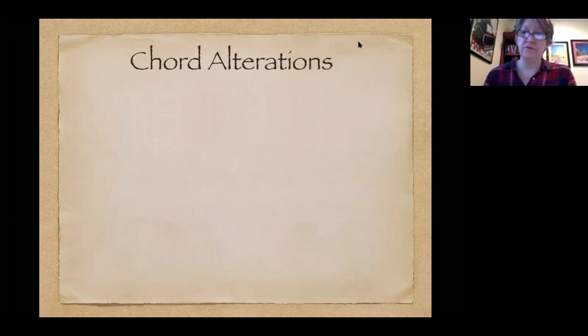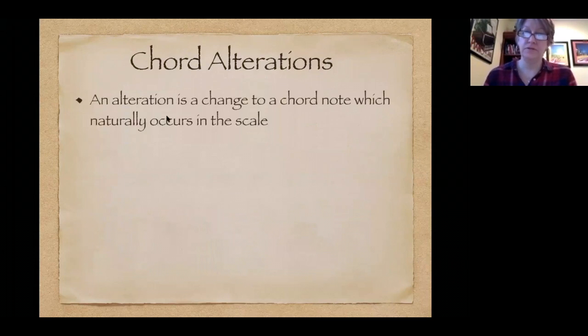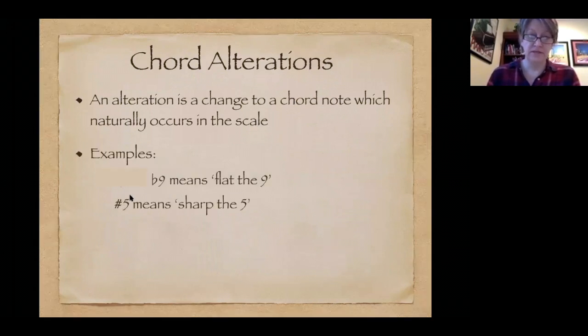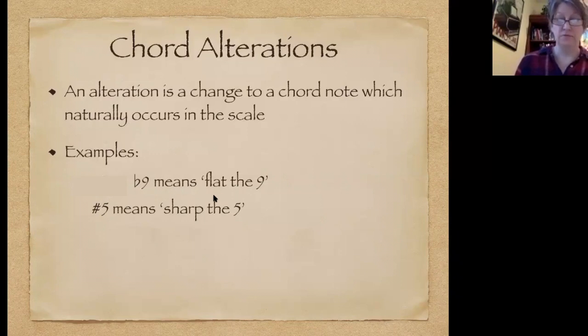I was just going to say a few things about chord alterations. And this is just when we change a note in a chord to a note that is not a naturally occurring note in the scale. I see questions about these a lot in the jazz program. Flat 9 means flat the 9.